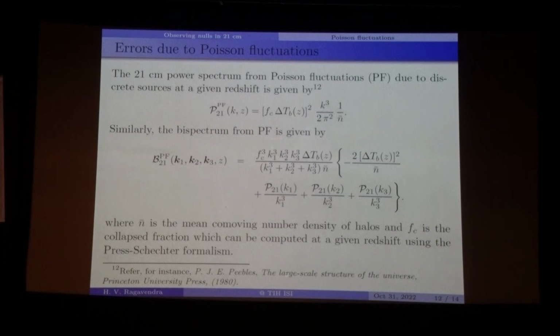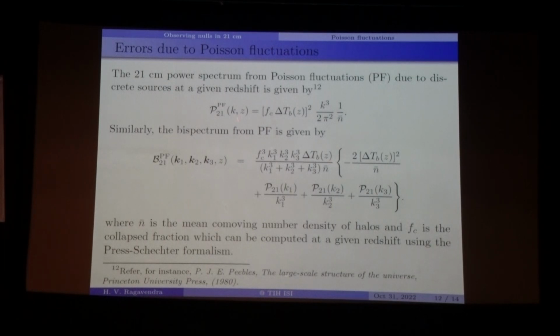These Poisson fluctuations have to be taken into account consistently in our predictions, and that is what we have done. This P21 PF is the Poisson fluctuation associated with the 21 centimeter signal, and that is related to f_c and n bar, where f_c is the collapse fraction of the halos computed from standard Press-Schechter formalism, and n bar is the mean comoving number density of halos.